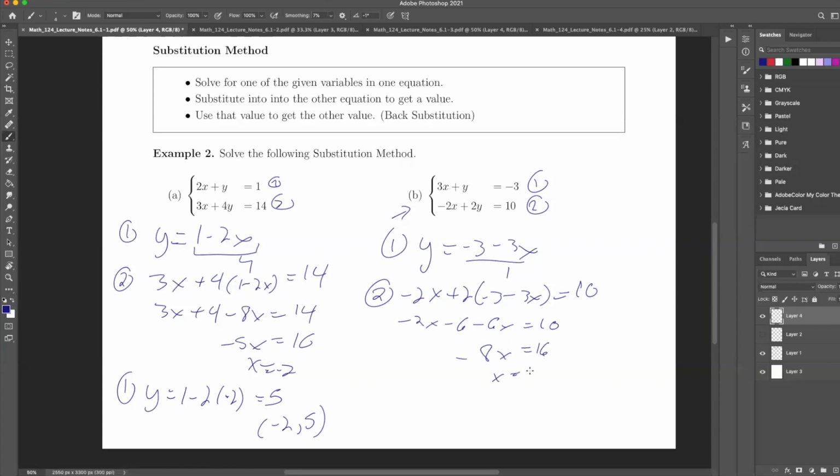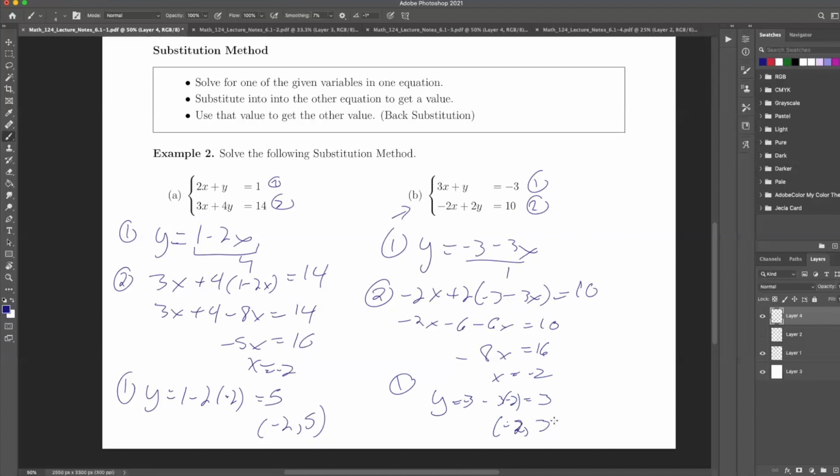So we have x is equal to minus 2. And then we go back to the first equation. So I have y equals minus 3 times minus 2. That equals positive 3.